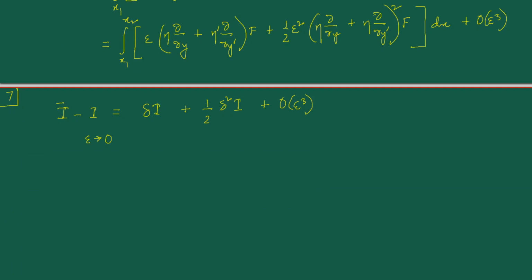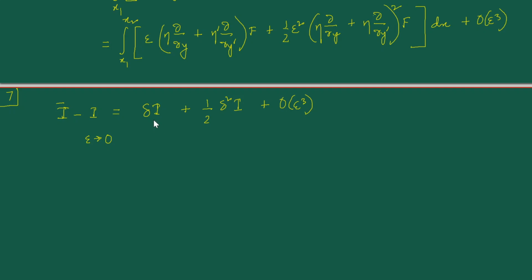Sorry about that, my slide just jumped ahead. So as I was saying, since delta I depends on epsilon, its sign will be determined by the sign of epsilon.